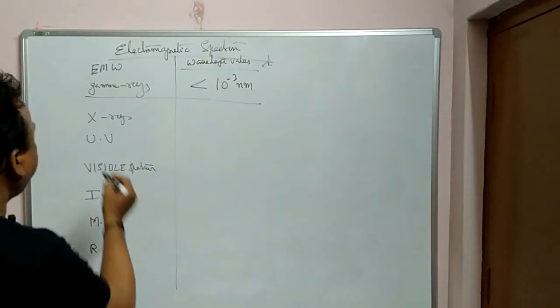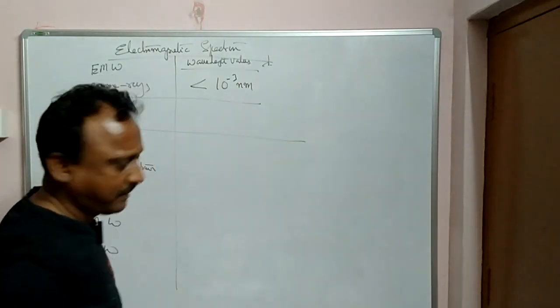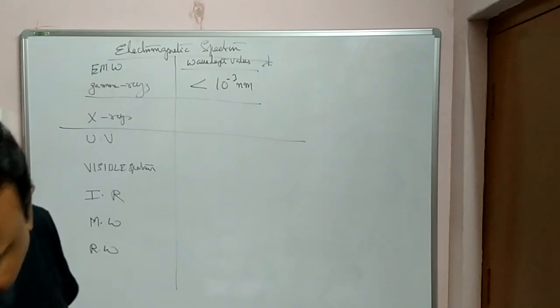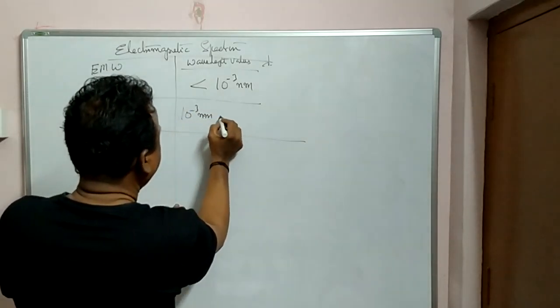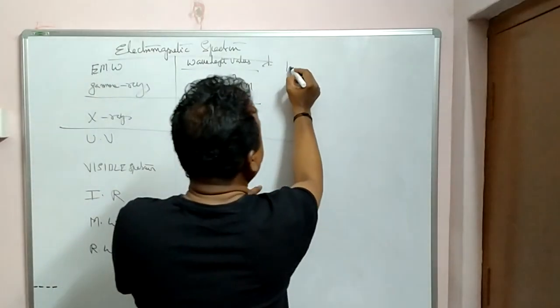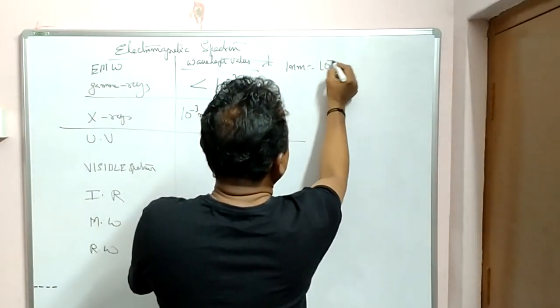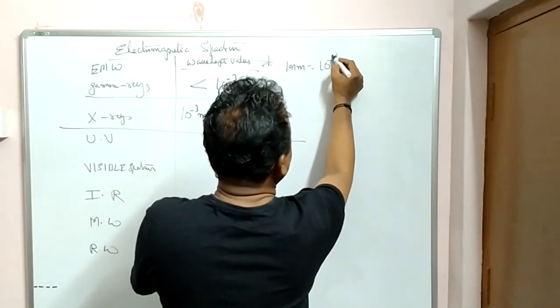Okay, now coming to X-rays. What is the range? 10 to the power of minus 3 nm. Do you know what a nanometer is? 1 nanometer is equal to 10 to the power of minus how much? 9.